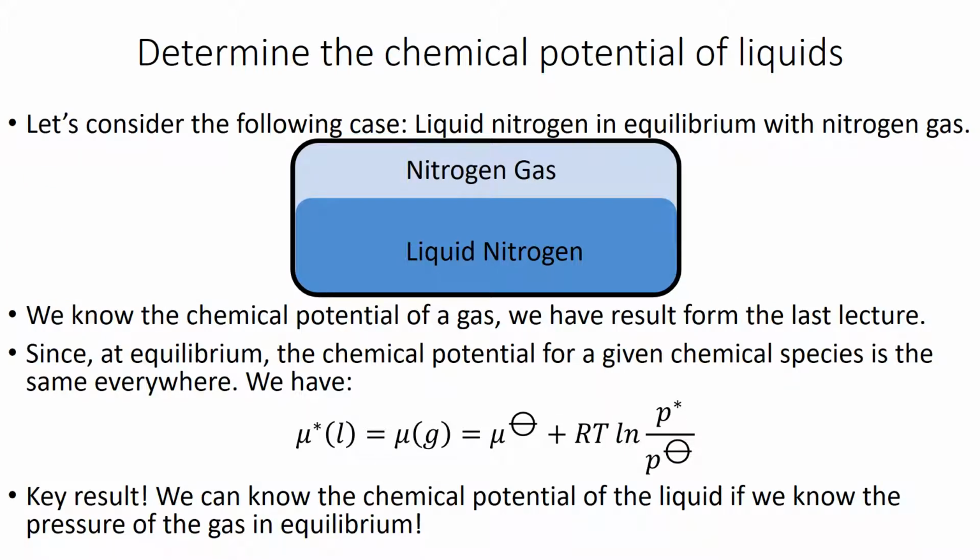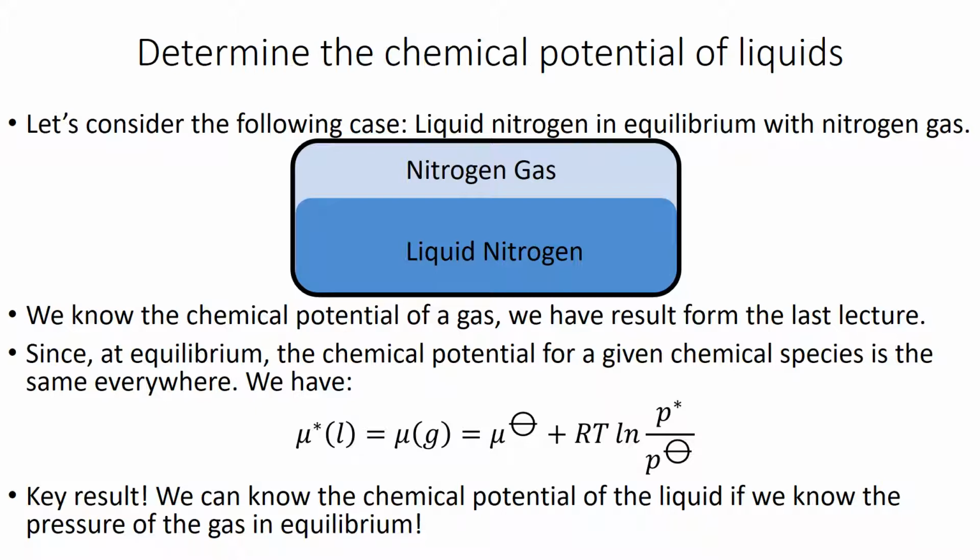What we're now going to do is determine the chemical potential of liquids. If you think back to our cylinder example, we're going to consider the case in which instead of just having a gas, we have a liquid in equilibrium with a gas.